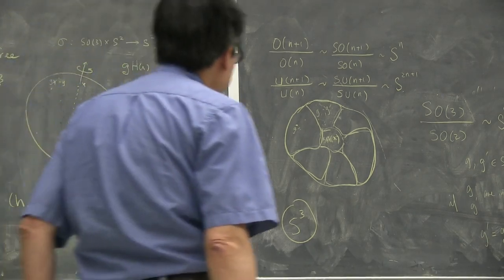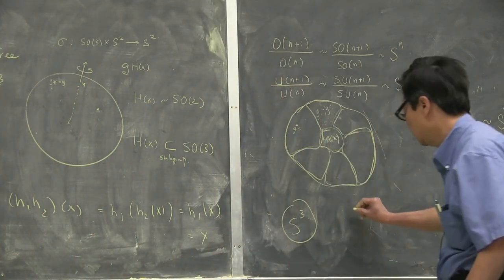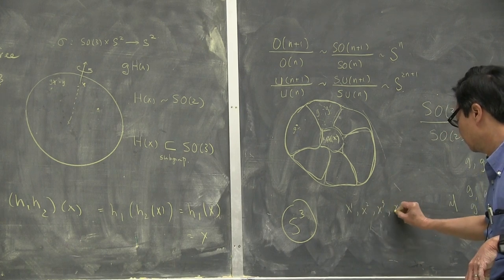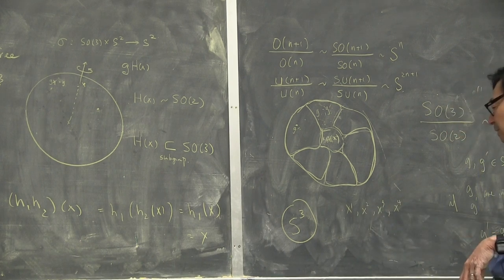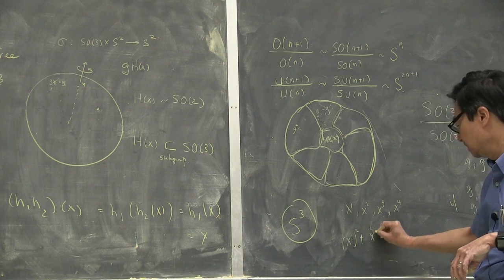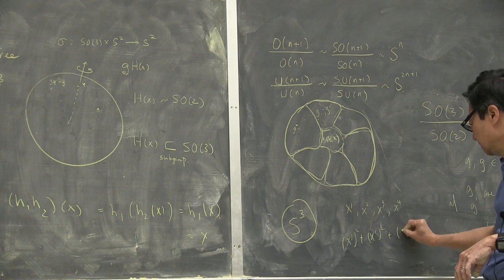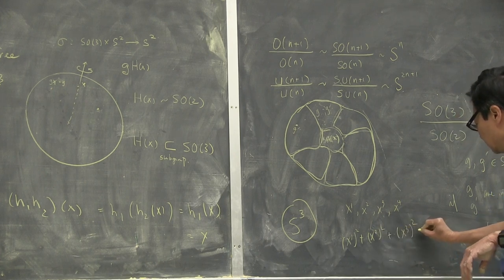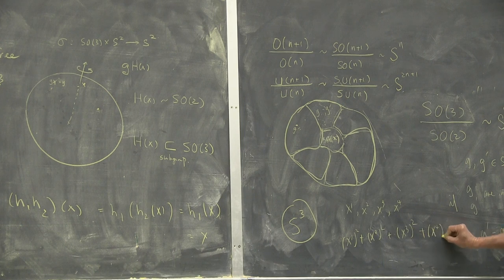Some point in four-dimensional Euclidean space would have four components, like so. I define a subset such that this condition is satisfied: the sum of squares equals some constant.